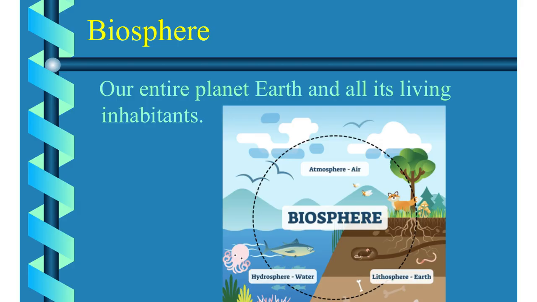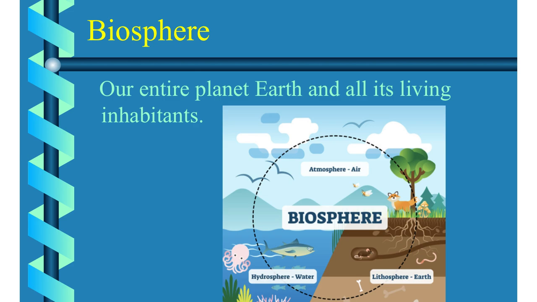All the physical rocks, atmosphere, water, nutrients, fertilizer, whatever, and all the living things living in or around that stuff. That's called the biosphere. So basically, it's our whole planet Earth and all living things on it and in it.